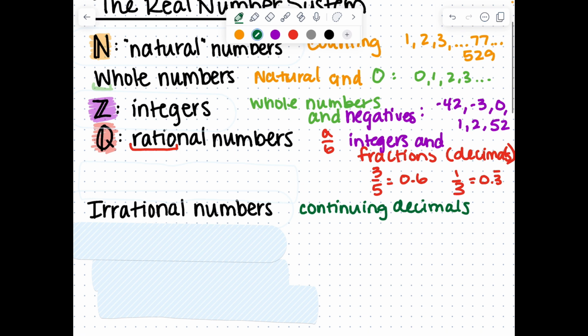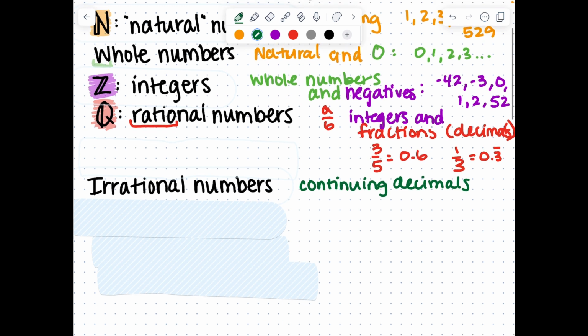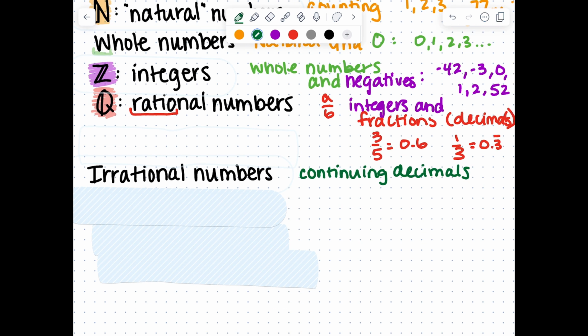We're going to draw a little diagram here in just a minute to show kind of what that looks like. But irrational numbers, these are continuing decimals. If you've ever tried to divide something out on your calculator and it just fills the screen with a bunch of random seeming digits, it was probably an irrational number. Now, the most famous irrational number is pi, and you may already know that it's approximately 3.14, but pi is actually a decimal that keeps on going forever and ever and ever.